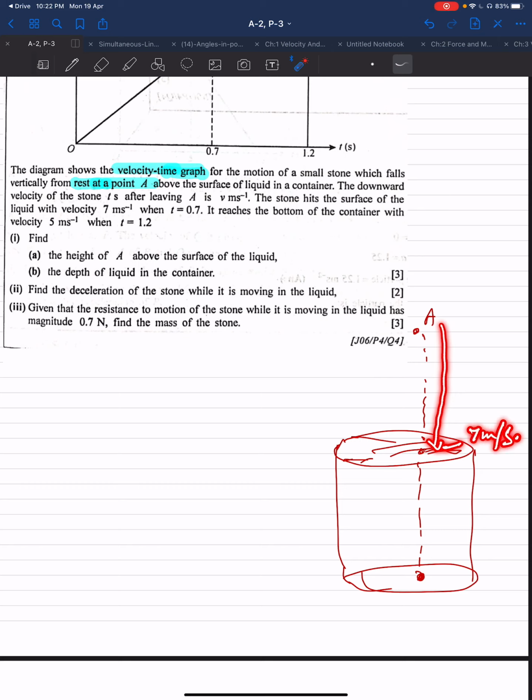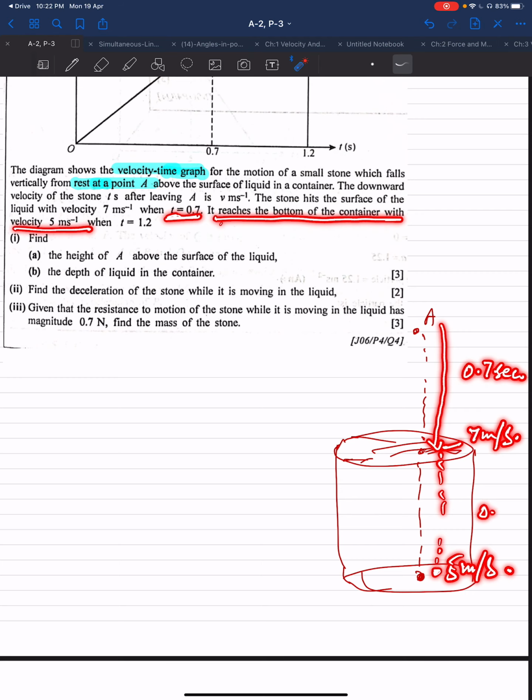At t equal to 0.7, at this time, it took 0.7 seconds to reach the surface of the container. It reaches the bottom of the container with velocity 5 meter per second. Got it? And it took till 1.2 seconds.